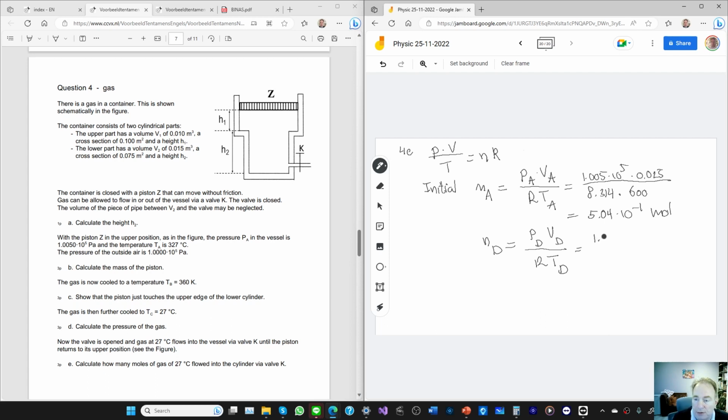So the pressure is the same as the initial, and the volume is also the same. As a matter of fact, the only difference is the temperature, which is 27 Celsius, so it is 300 Kelvin.